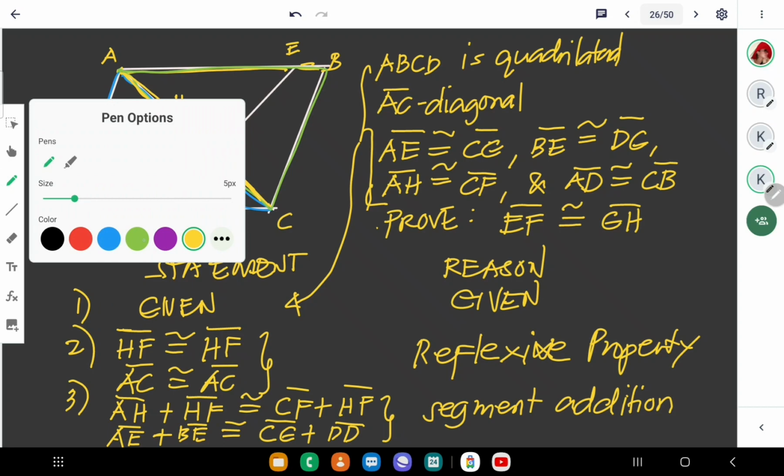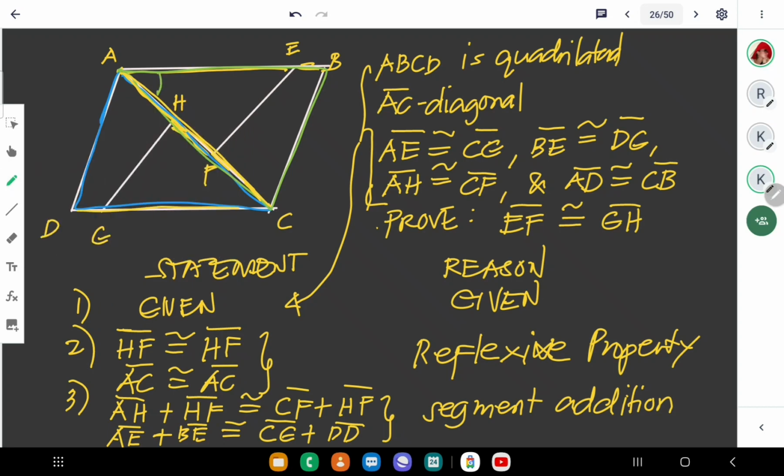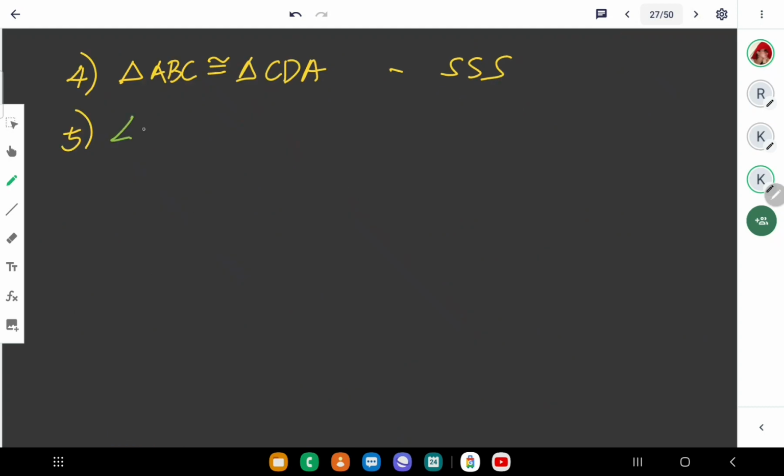We have alternate interior angles, alternating. This one. So, can you still hear me? Yes. So that therefore, angle EAF is congruent to angle GCH. So our reason would be congruent parts of congruent triangles are congruent.